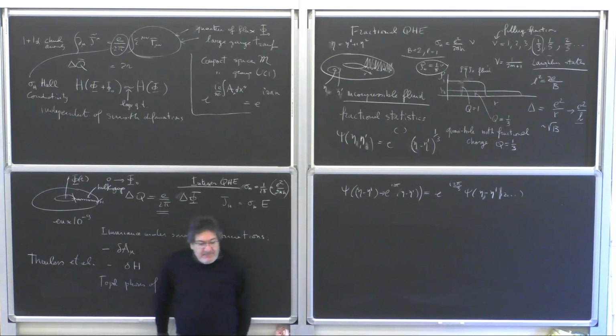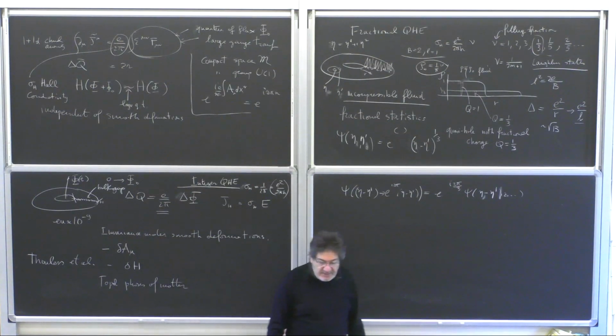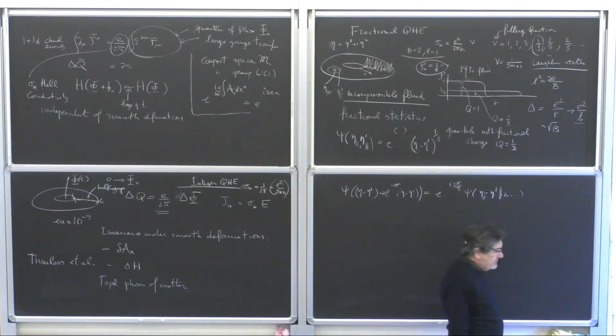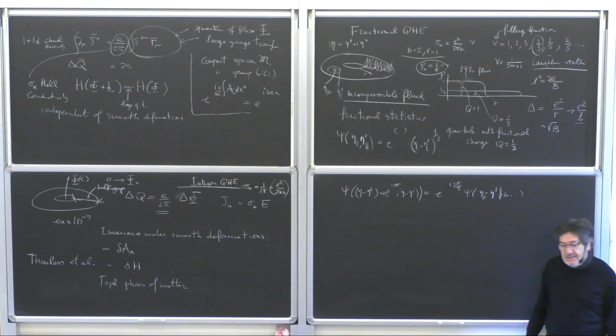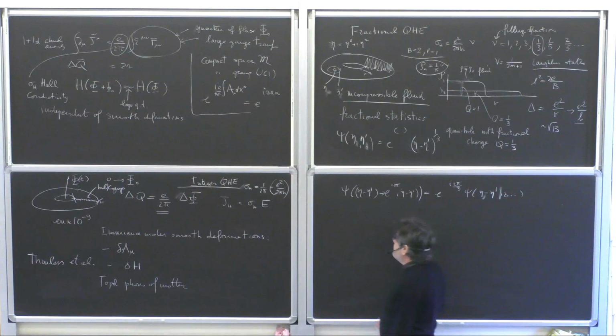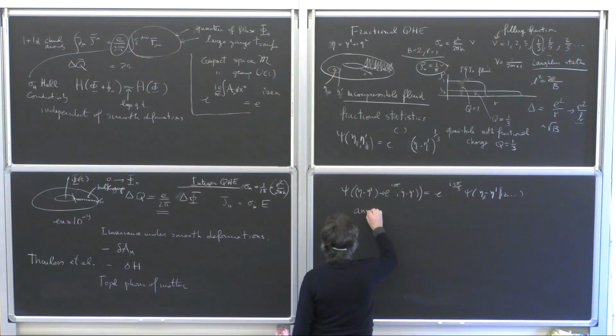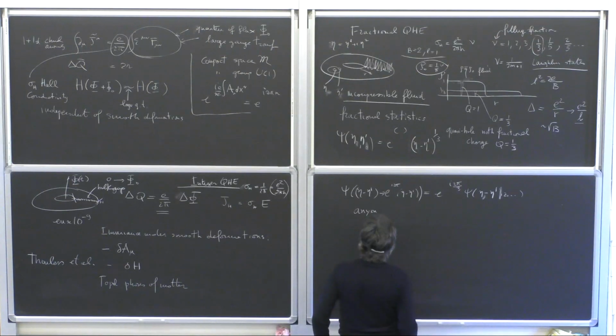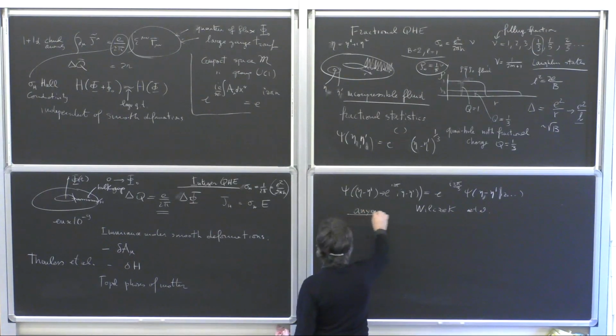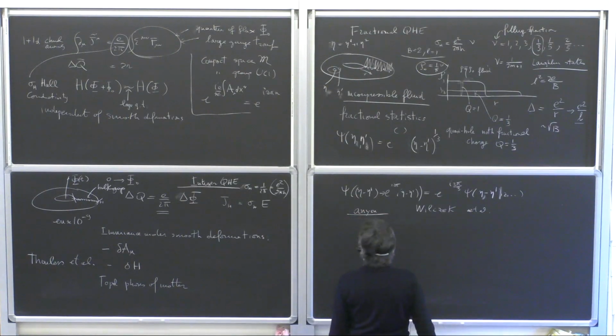So that's the basic idea, that you have excitations which have fractional charge and fractional statistics, and they are called anyons. This is a name due to Wilczek and other people. Anyons are possible in 2+1 dimensions.